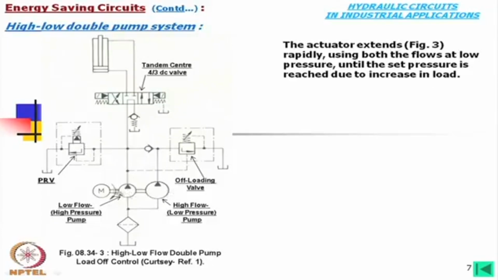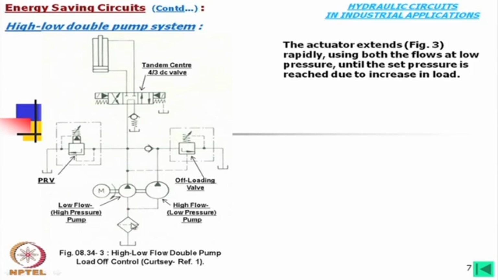This means that at 5 megapascals, whatever the total flow these two pumps can give, that amount of flow in liters per minute times 5 megapascals will give you the power. So, the motor is selected accordingly. Now, when the pressure exceeds 5 megapascals, we will find that this flow is being utilized, and this flow is going back to the tank, and for that flow very little power is required.